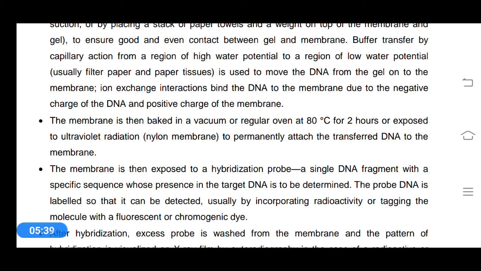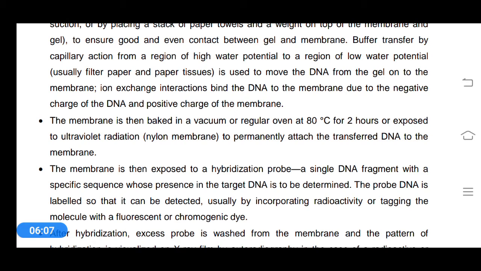The DNA bands will be permanently attached to the membrane. By this baking process we permanently attach the DNA fragments transferred from the agarose gel onto the nylon membrane or nitrocellulose membrane. Now the membrane is exposed to the hybridization probe.